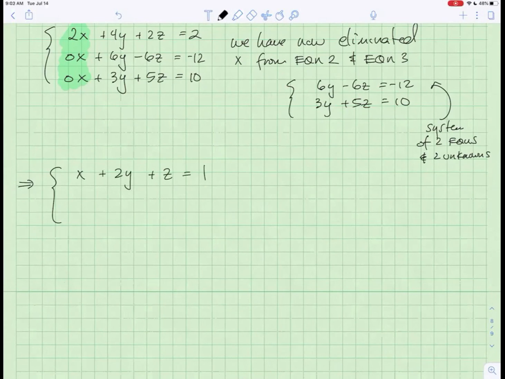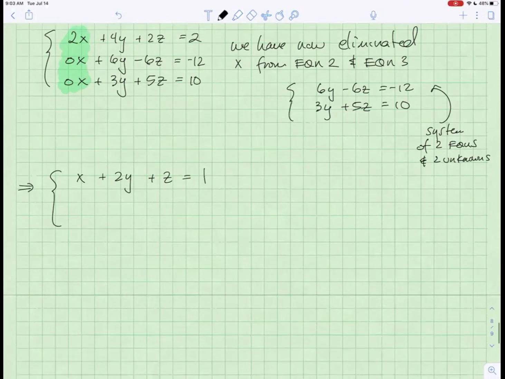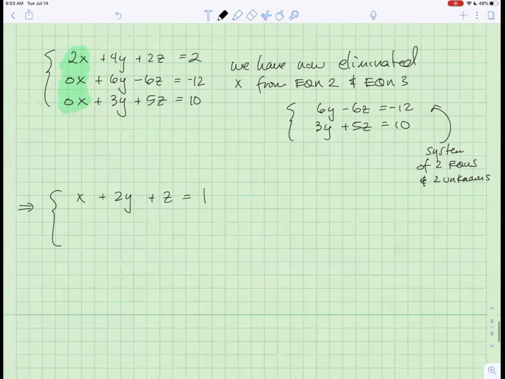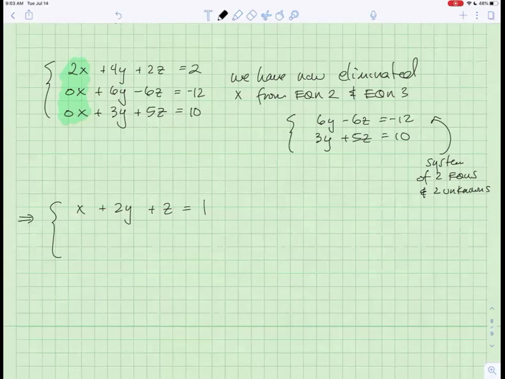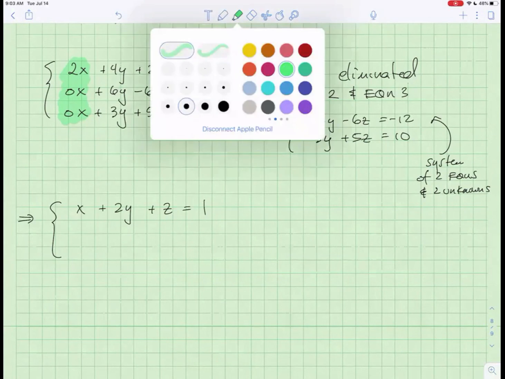What elementary row operation did I just use? Can anybody tell me? Is anybody alive out there? You took out a 2 from the equation? Yeah, so I took, let me get a different color.